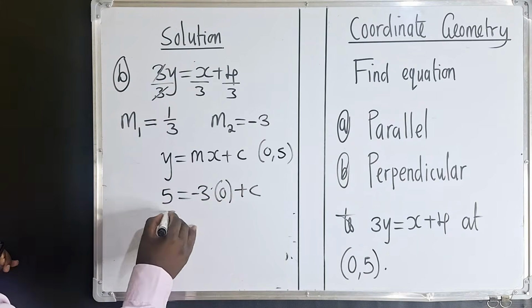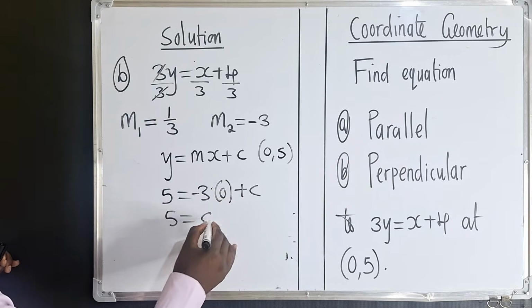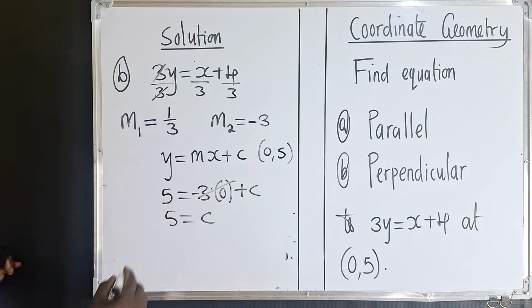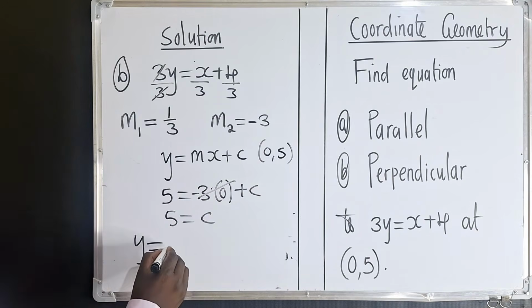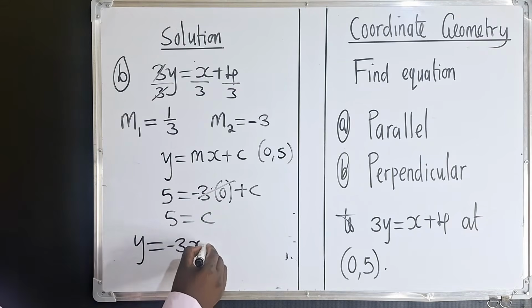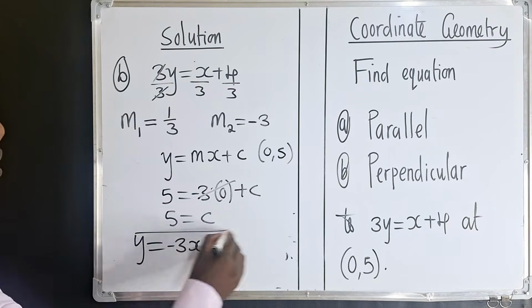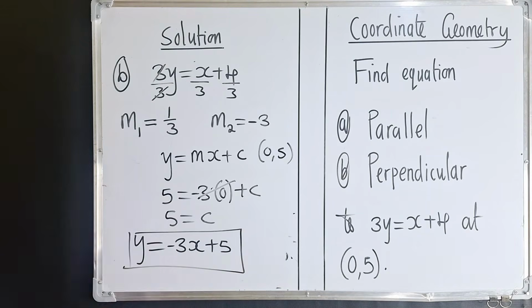We're solving for c. This will be a 5 as our c. This will cancel, so our c will be equal to a 5. So when you get this, you shall say y is equal to, where there is m, we write negative 3x plus a 5. So this is a perpendicular.